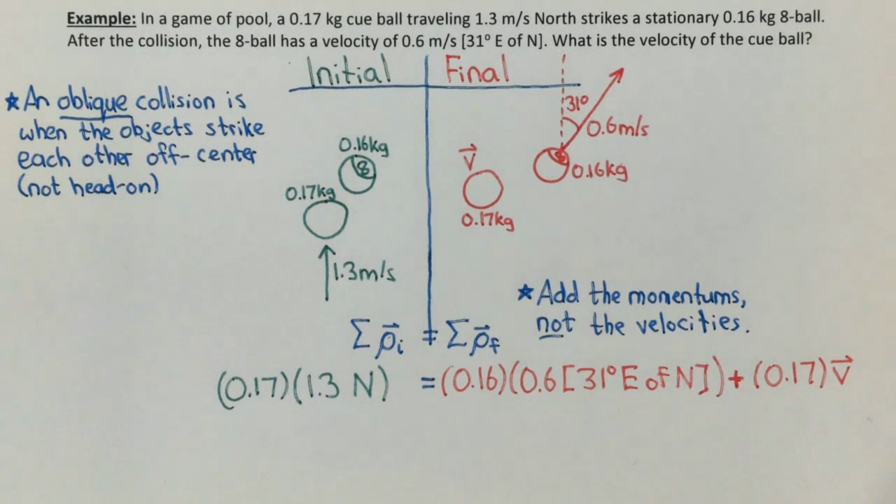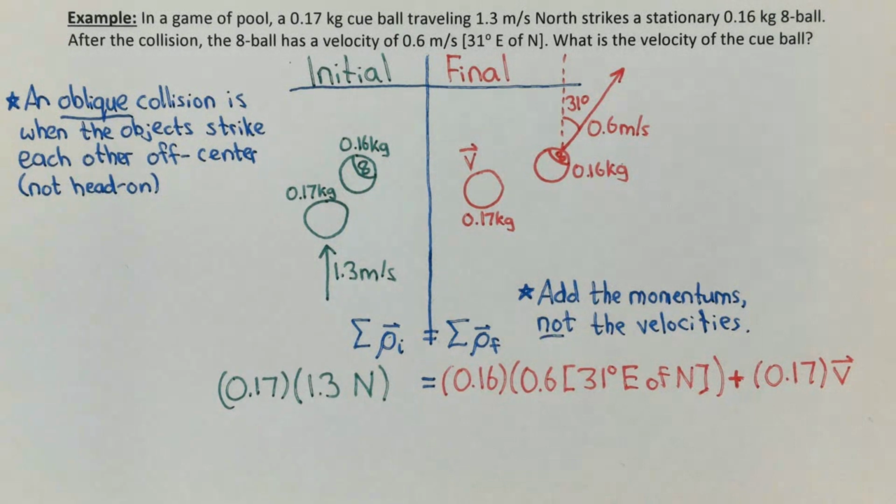Now, there's a couple approaches we could do. Some of you might like to say, okay, I'm looking for v, so let's rearrange this equation and isolate v. I'll move this vector to the other side by subtracting it, then I'll divide both sides by 0.17, and then I'll have an equation that says v equals, and then I just do my vector algebra on this side. That would work fine. Another way we can do it is by just taking the equation the way it is, and there are some advantages to each method, but this is the one I'm going to do right now.